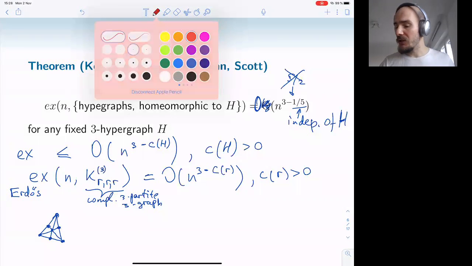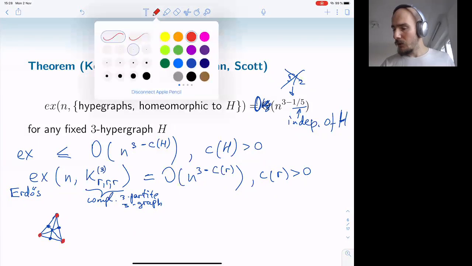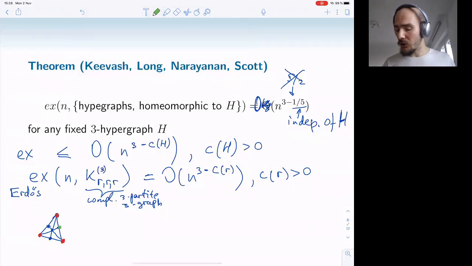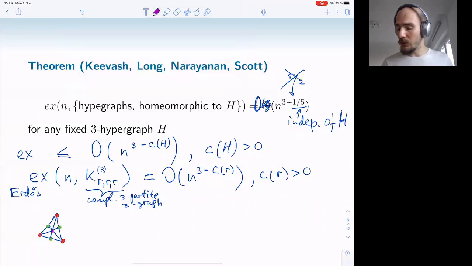And now it's easy to see that this hypergraph is tripartite. The vertices form one part, the vertices in the middle of the edges form the other part, and the vertices in the middle of the faces form a third part. So this is a tripartite hypergraph.